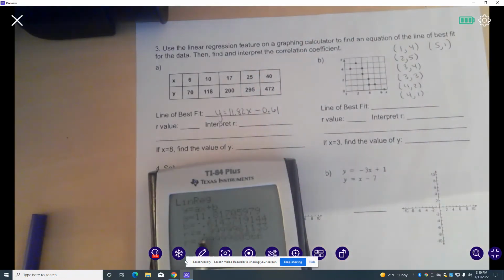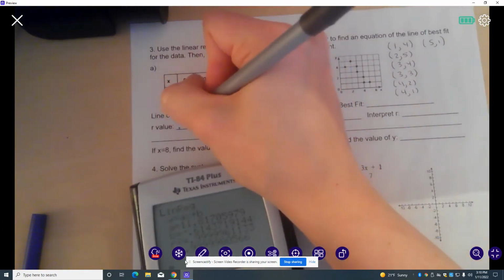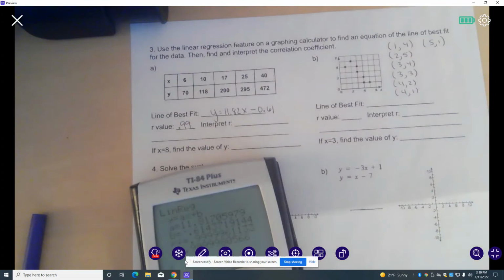Now the R value, my correlation coefficient, is 0.99. And remember, when that number is really close to positive or negative 1, it means we have a strong line of best fit. Okay, we have a strong correlation.